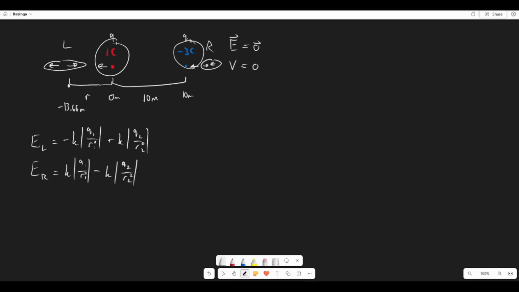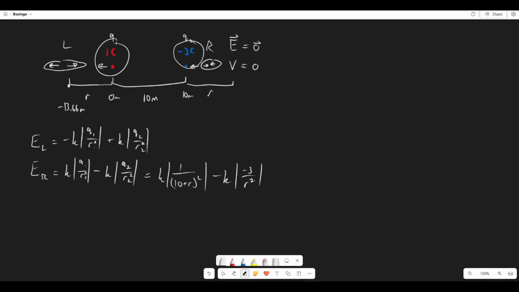Now just for good measure, let's again consider the right case, even though we know there should be no solution. We'll call now this distance R, and rewrite our expression as K times the absolute value of 1 by, this will be now 10 plus R squared, minus K by the absolute value of minus 3 by, now it will be R squared.